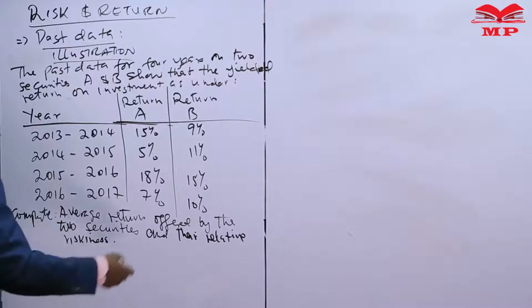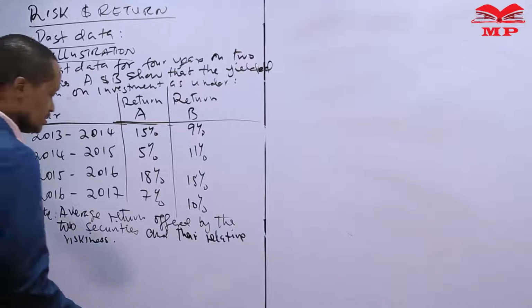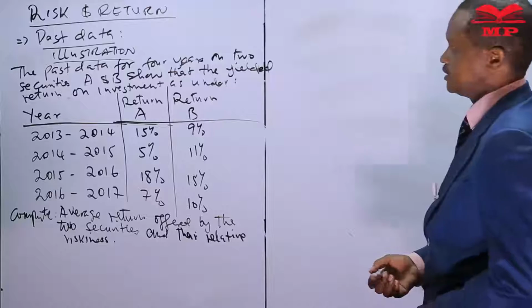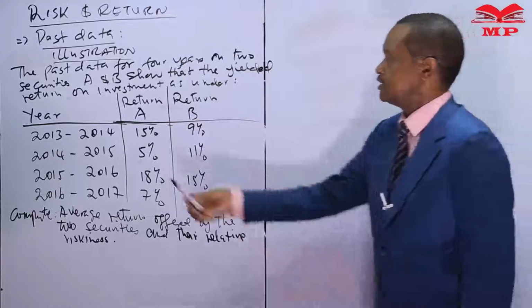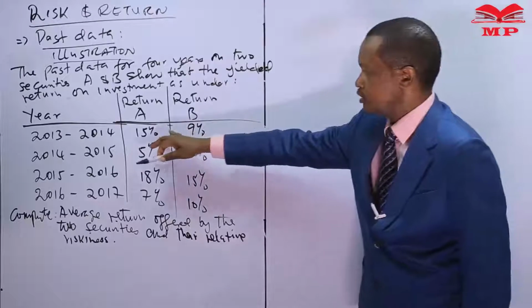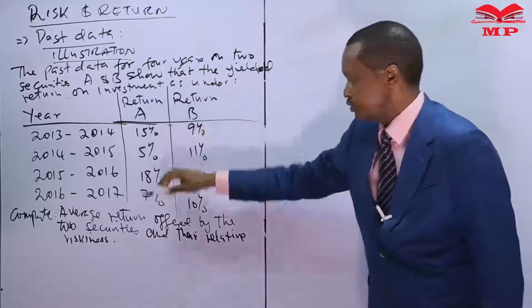We have to compute the average return and the relative riskiness. So this is past data, historical data for two securities as shown in the two columns.